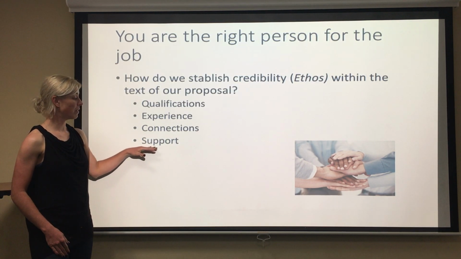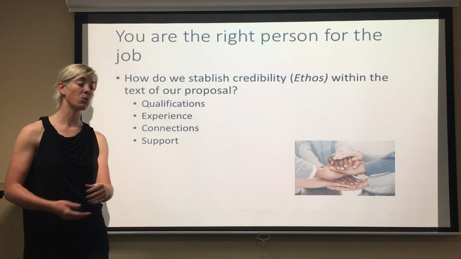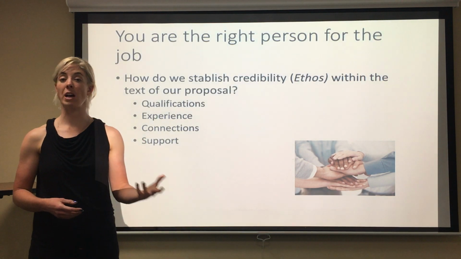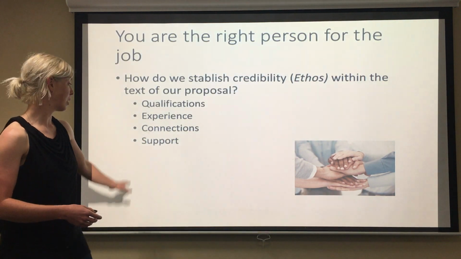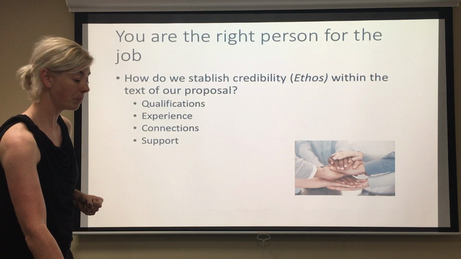And sometimes even letters of support from centers from which you'll be using equipment, or other investigators, other researchers whose expertise you might rely on, can be included within the appendix of the proposal.